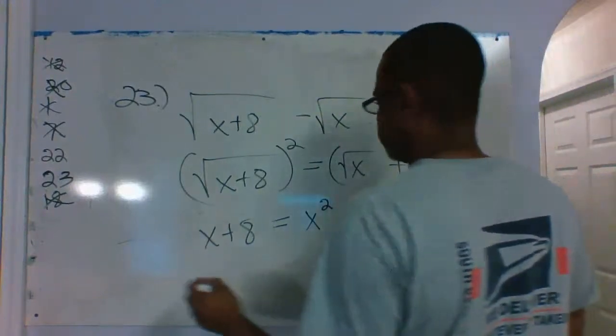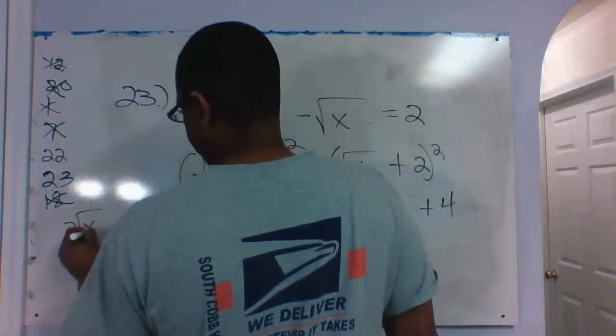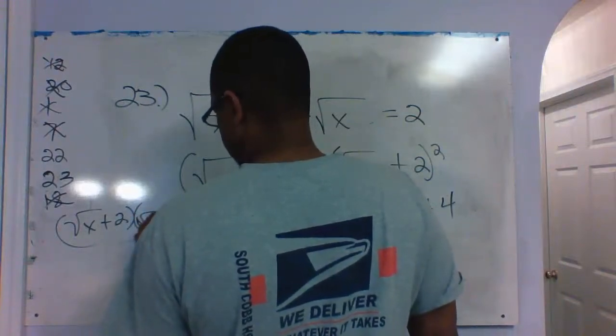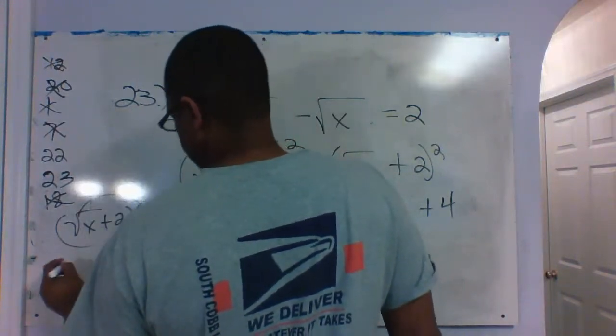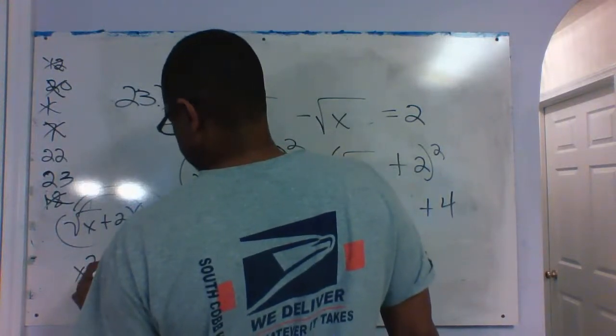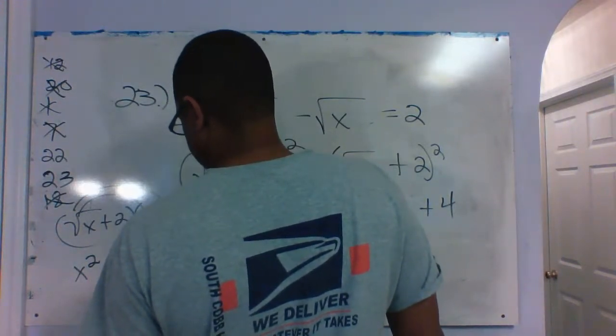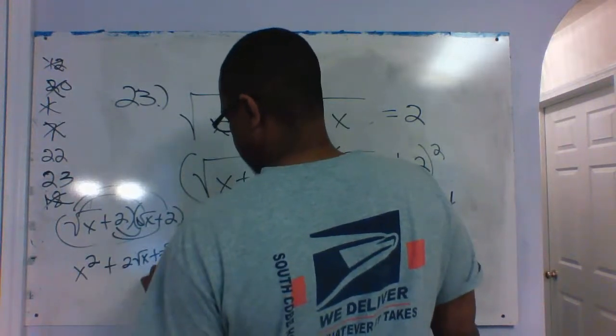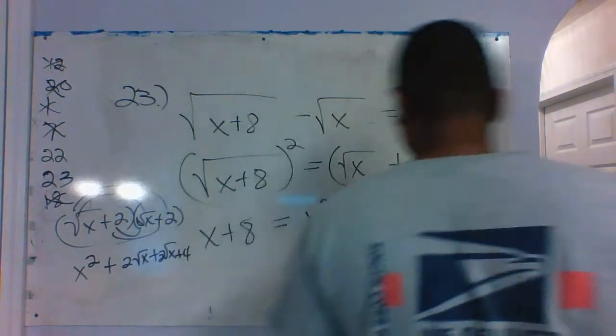Let me make sure. We have the square root of x plus 2, so that'll give us x squared. That's going to give us 2 times the square root of x, 2 times the square root of x, and 4. So yeah, that's right.